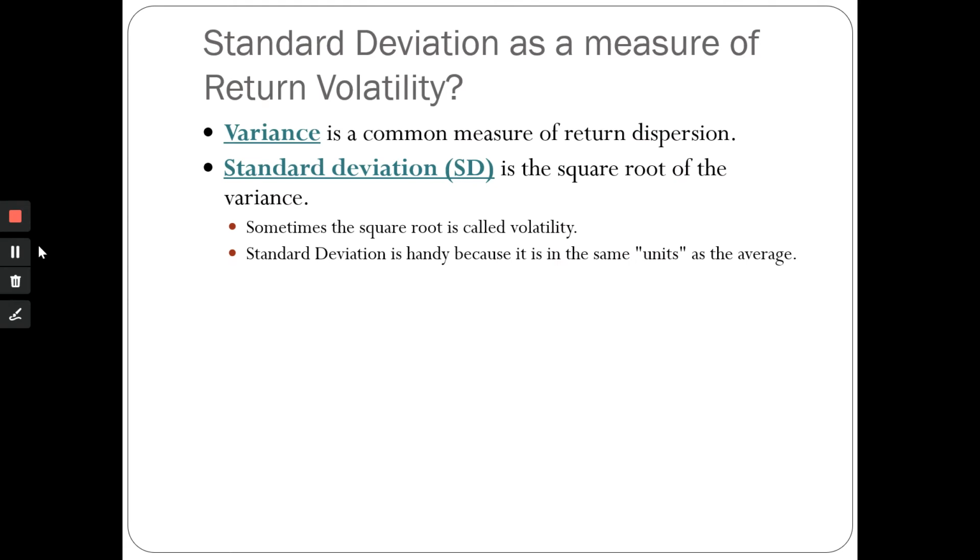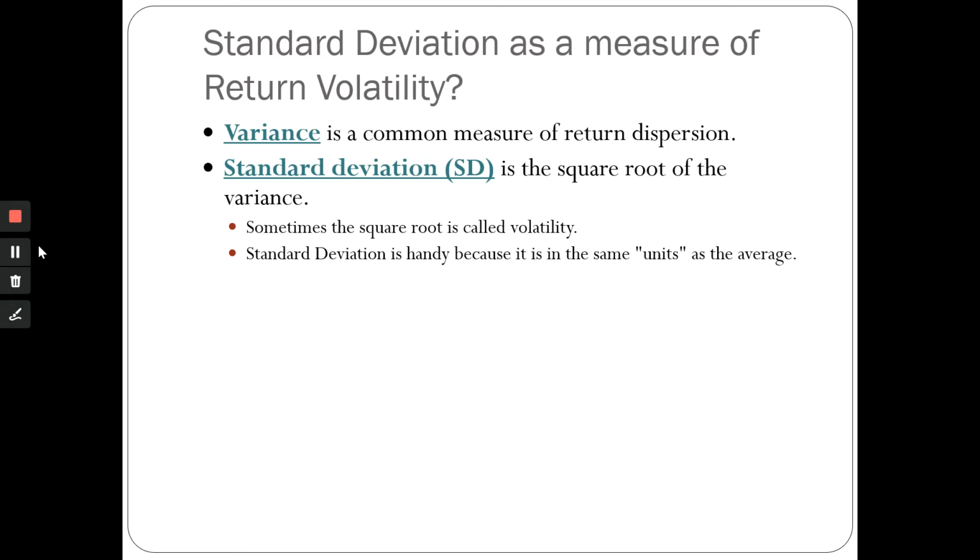So the standard deviation is calculated by taking the square root of the variance, and variance is a measure of the return dispersion. So you have a stock in which you might have invested 5 years back and held for the last 5 years. Maybe in 2016 the stock return will be different than 2017.